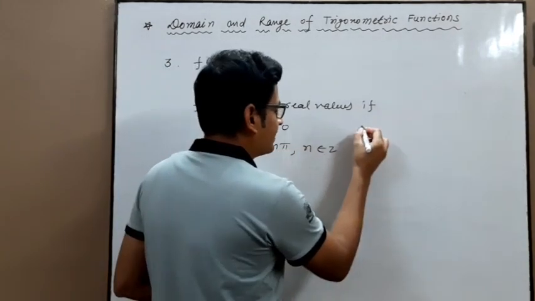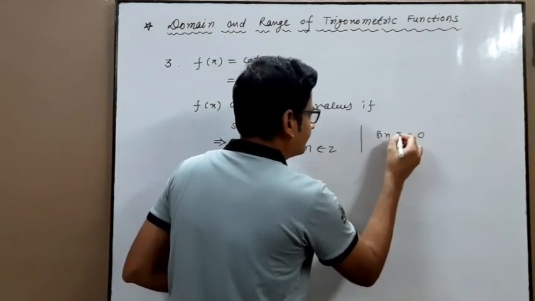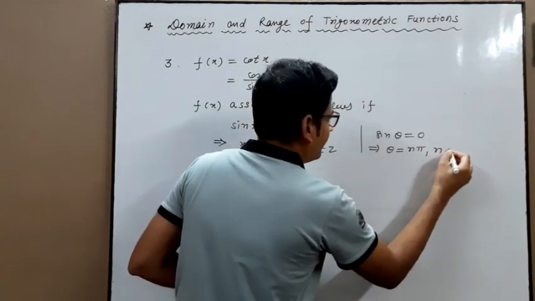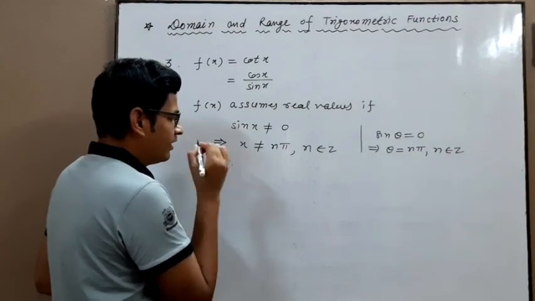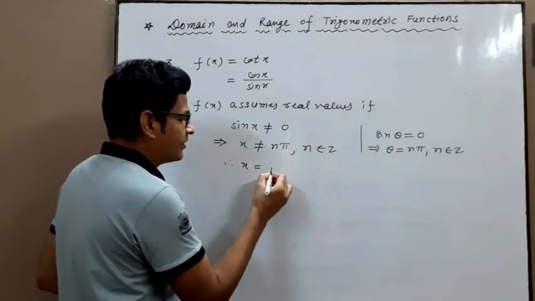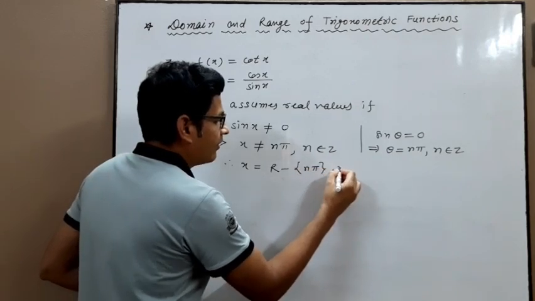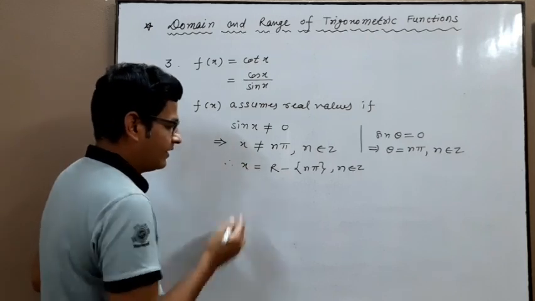Using the trigonometric equation, sin theta equal to 0 implies theta equal to n pi, n belonging to integers. x not equal to n pi means x belongs to the set of real numbers minus {n pi}, n belonging to integers. So x means domain.